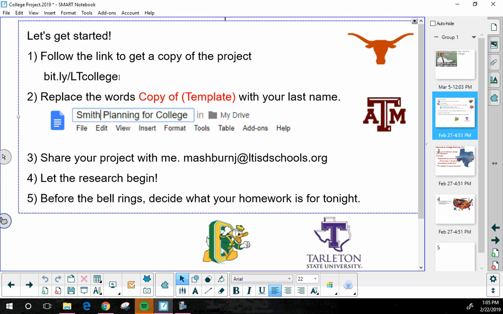I'm going to copy this, Control-C, and I'm going to show you what you're going to see when you copy that link in. Just kidding. Let's try it again. Okay.